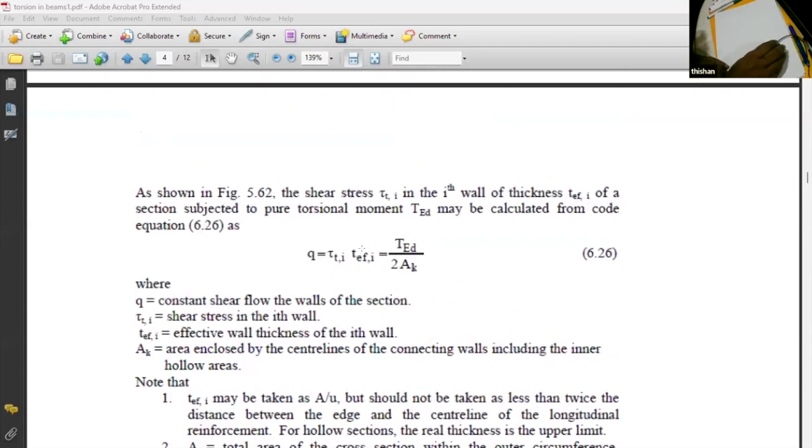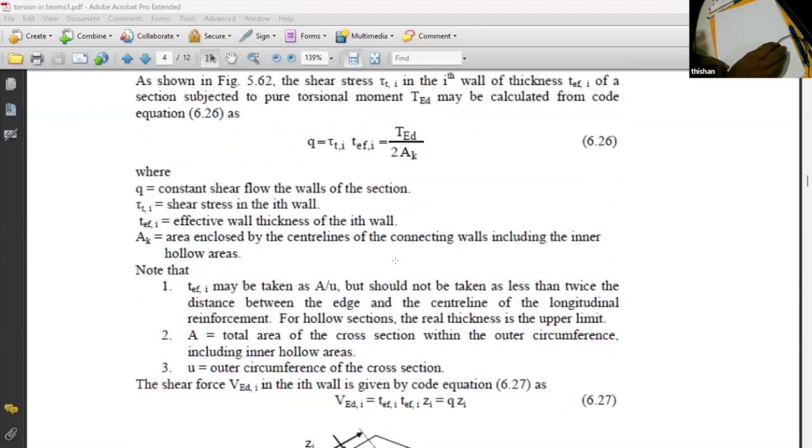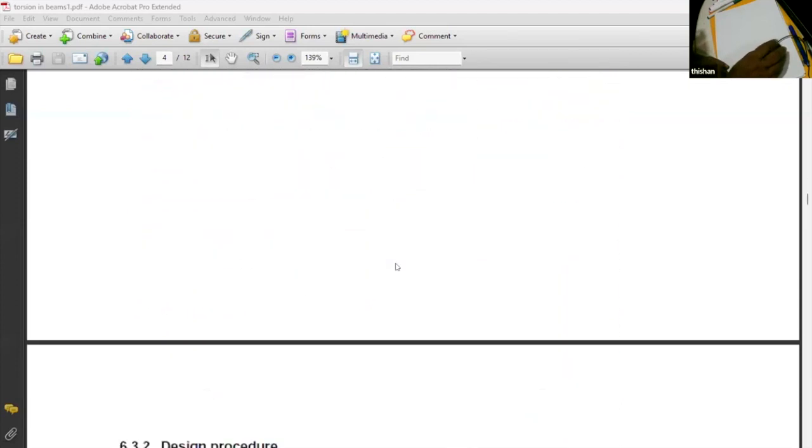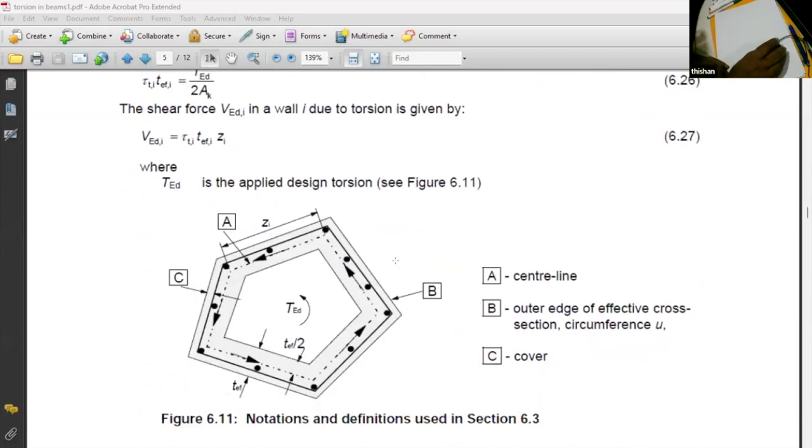And q is equal to T_Ed over 2Ak. That is the equation we are going to prove.